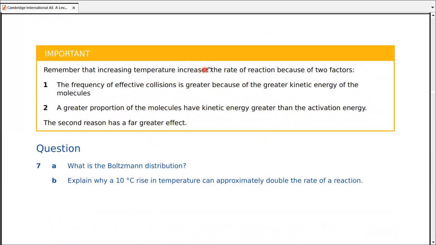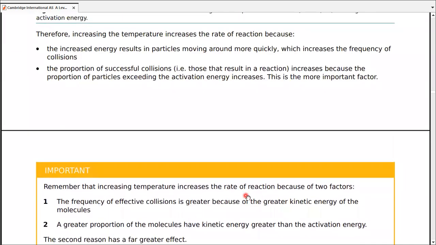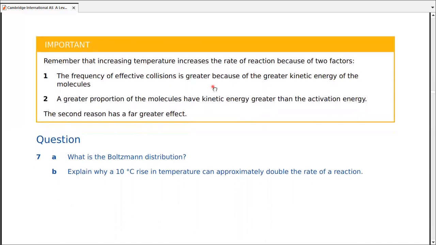Now remember that increasing temperature increases the rate of reaction because of two factors. So the frequency of effective collisions is greater because of the greater kinetic energy of the molecules, or a greater proportion have kinetic energy greater than the activation energy, the combined effect. The second reason has a far greater effect. He is actually explaining the same thing again.